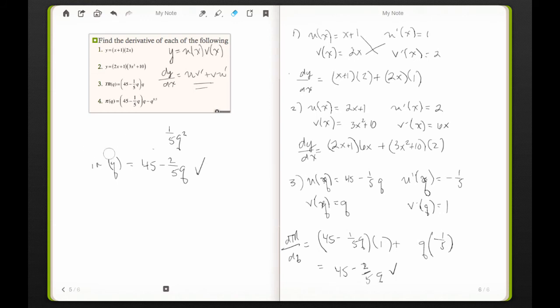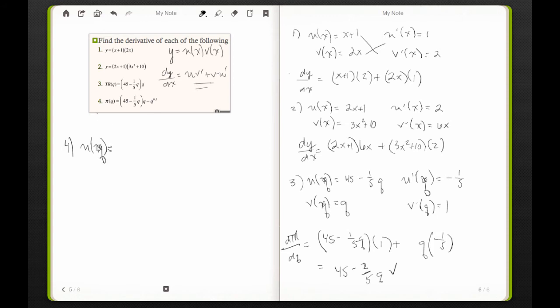Okay, so now let's finally do this last one. Let me erase this so we have some room. All right. So for the last one, this is profit, so profit is a function of q, so what we're really doing is taking the derivative of profit with respect to q. But I'm still going to write it out like this. What's my u of x here? What's my first function? Like I said, if you want, you can replace it with q.